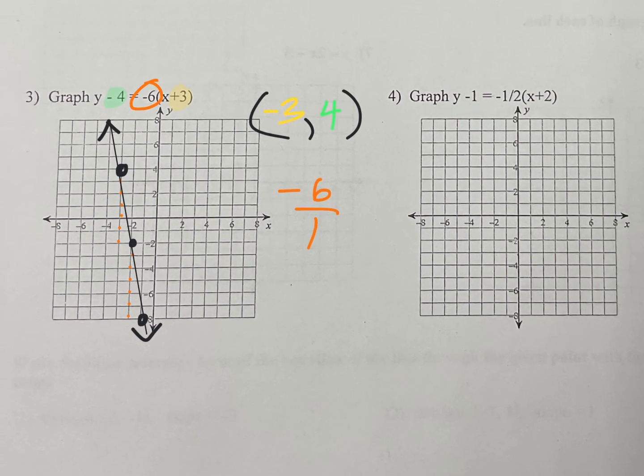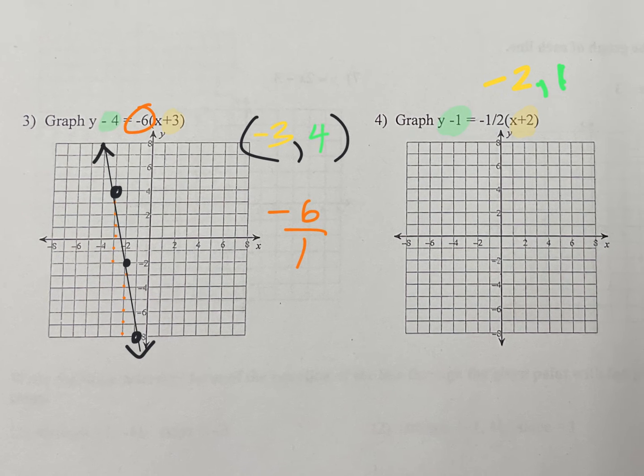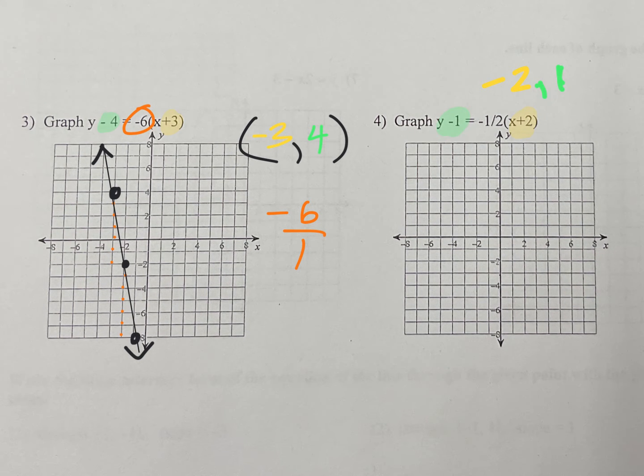Number 4. What's your X coordinate? -2. Thank you for throwing in that negative. Your Y coordinate is a +1, right? Because it was a negative in the formula. So when I go to graph, -2, +1 is going to be my starting point.